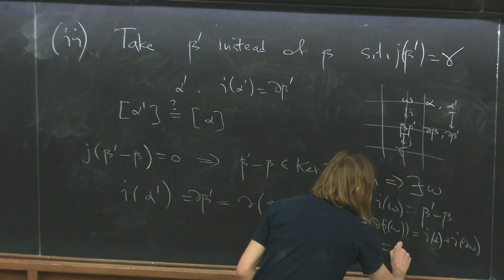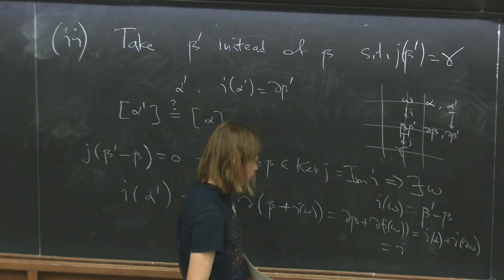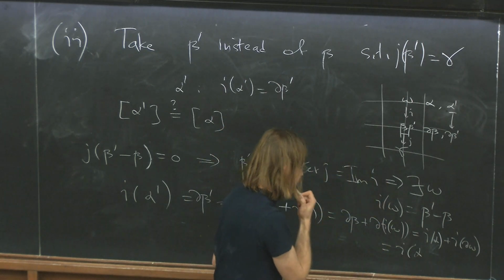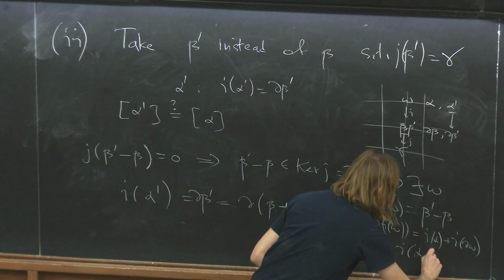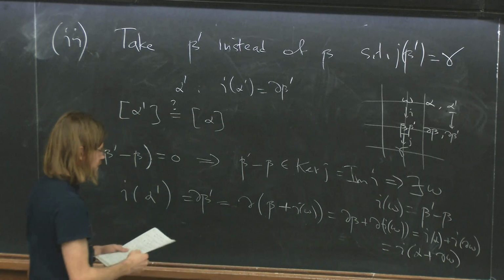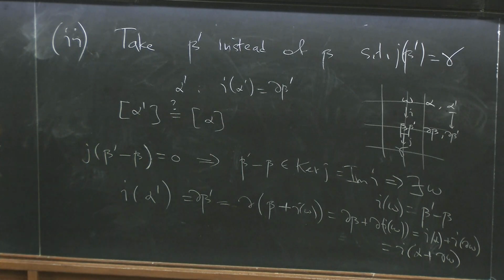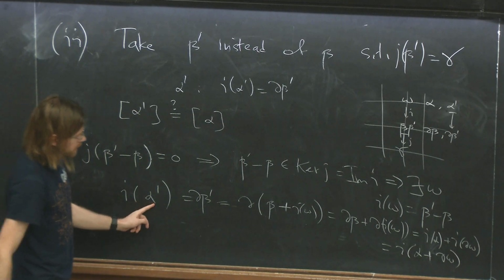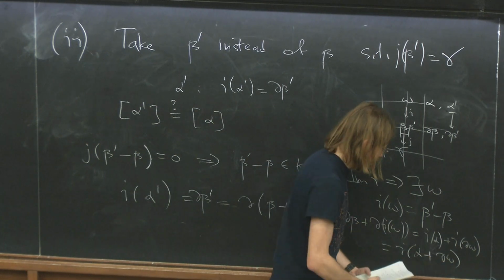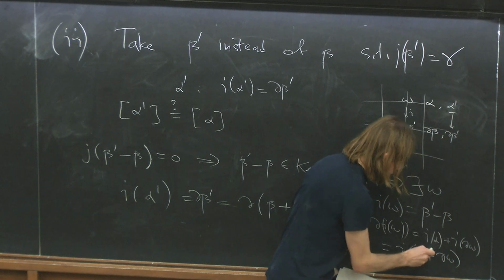And then we can use that I is a homomorphism, so I of the sum is the sum of I, so this is the same as I of alpha plus d omega. So we showed that I of alpha prime is the same as I of alpha plus d of our omega.